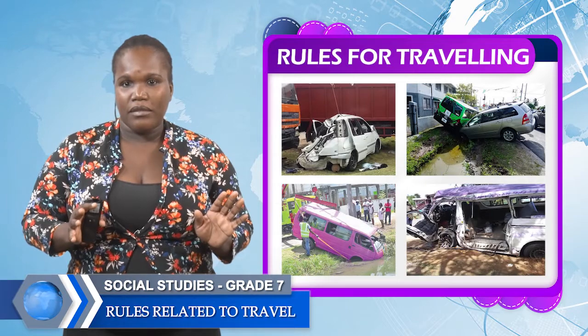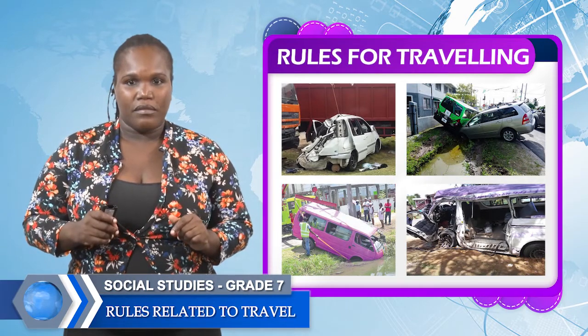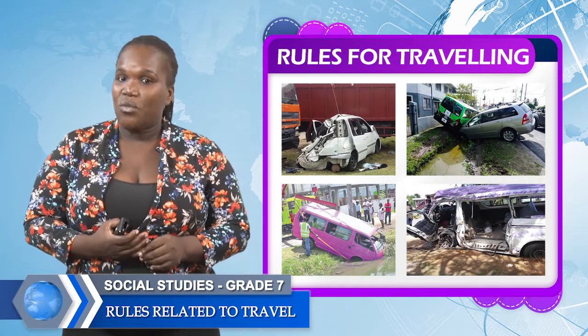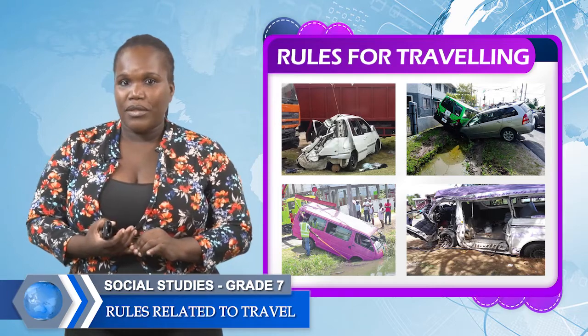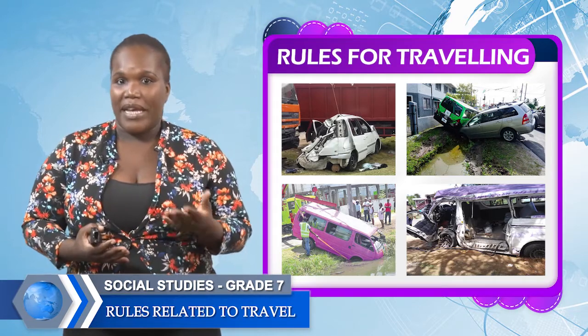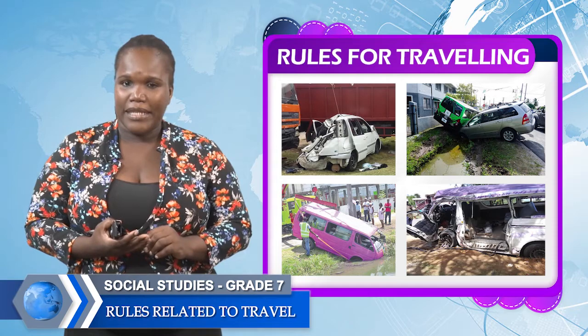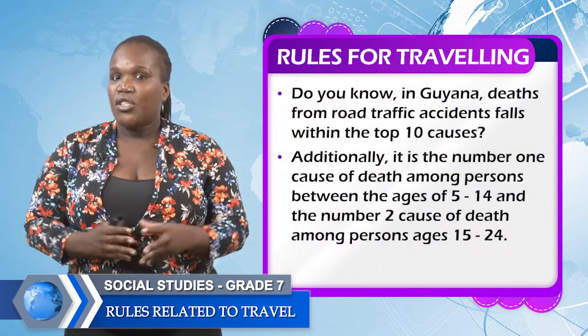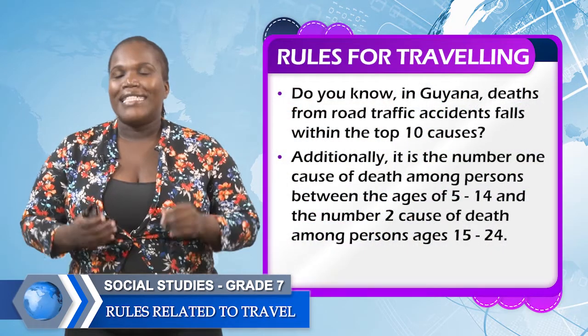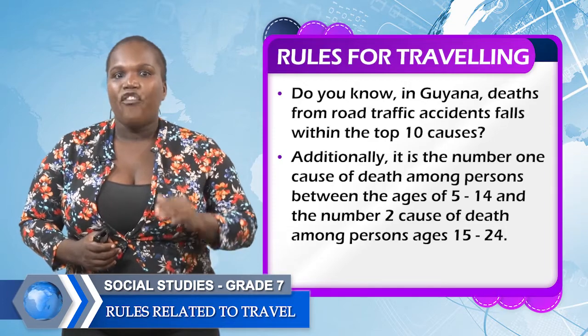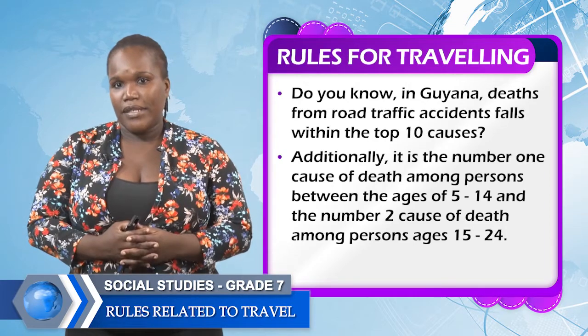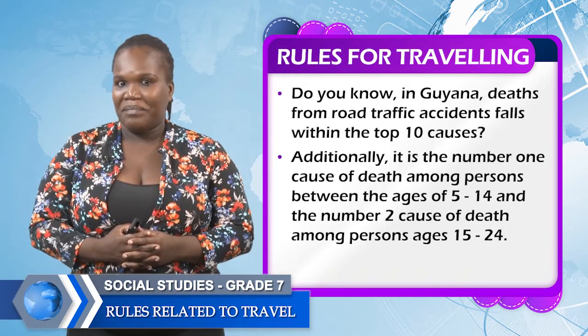Now take a minute, look at the pictures. Can you see why it's important to adhere to rules as it relates to traveling by air, water, and land? Do you know, in Guyana, deaths by road accidents fall within the top 10 causes? Yes.